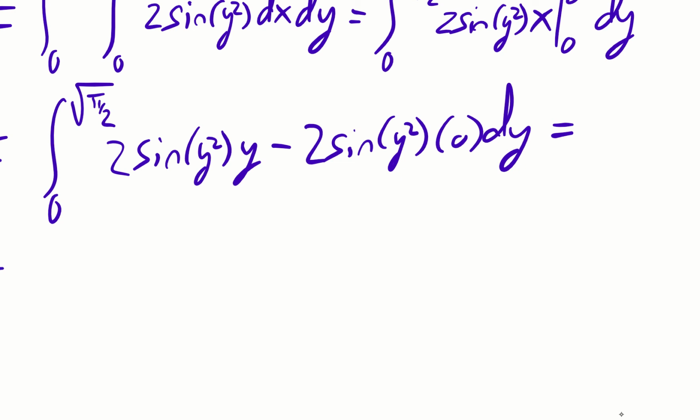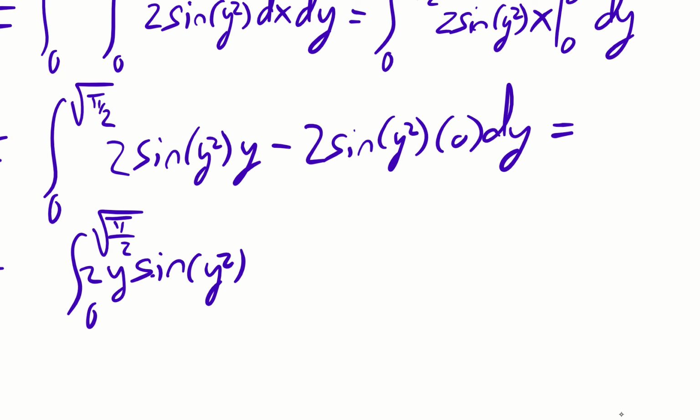So it boils down to doing the integral from 0 to the square root of pi over 2. Actually, let me bring the 2 back in. We have 2y, and then the sine of y squared dy.